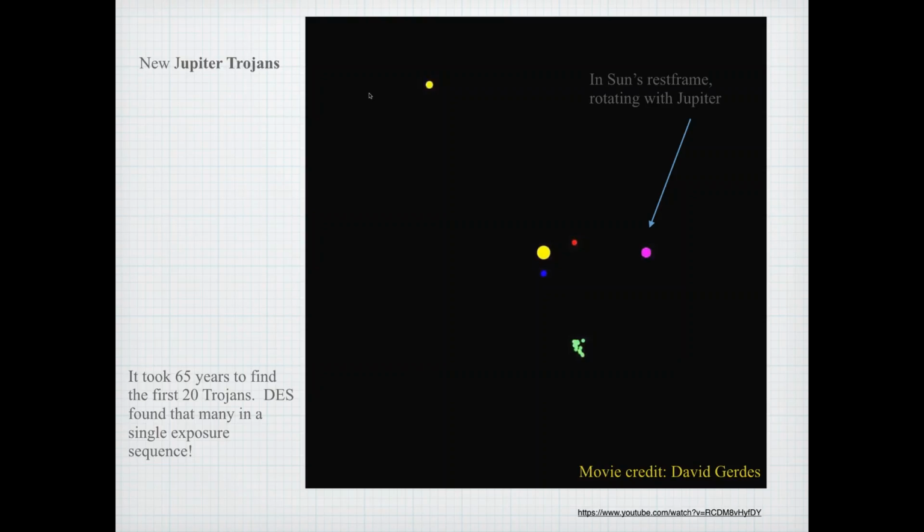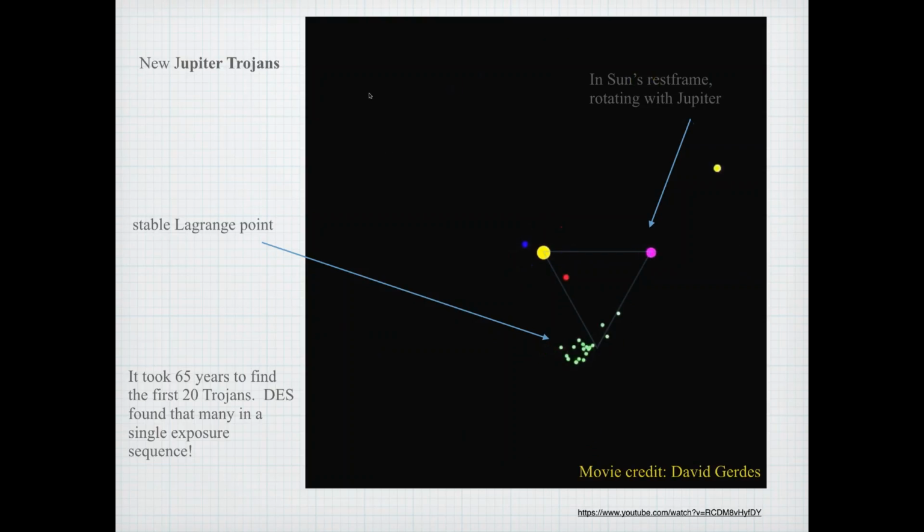This is a movie of the Sun in the middle, rotating with Jupiter on the right. The things you see swarming around the middle bottom of the Sun and Jupiter are the Trojans. This is a stable Lagrange point. If you put an object there, it'll wander around that point.